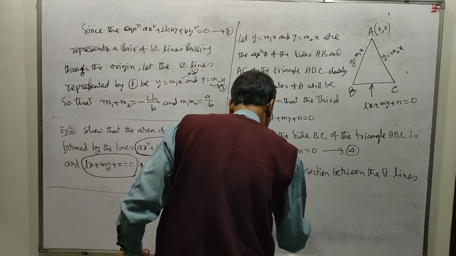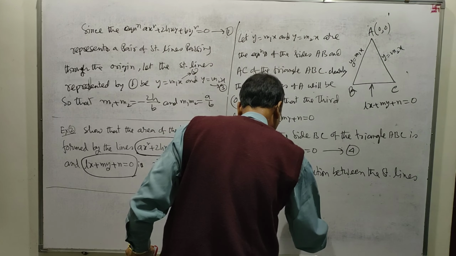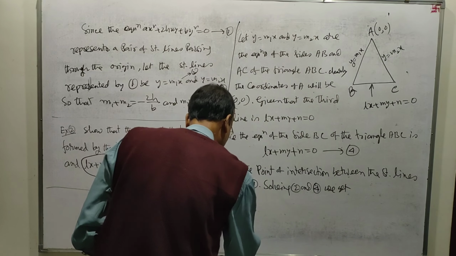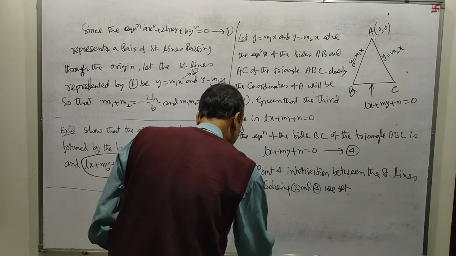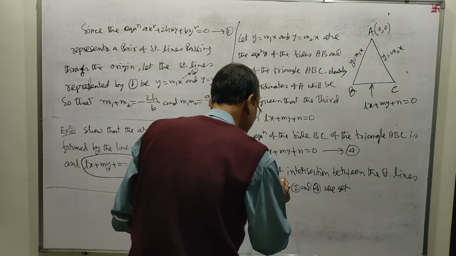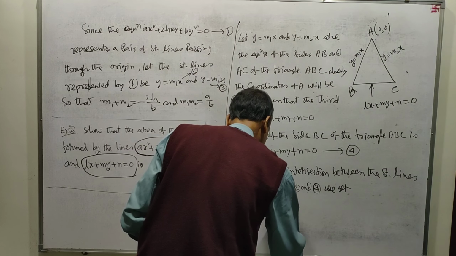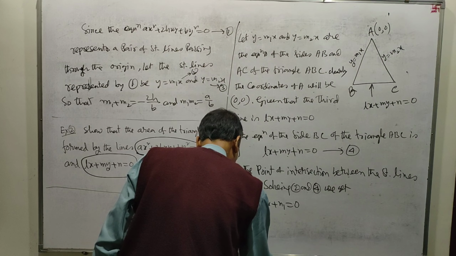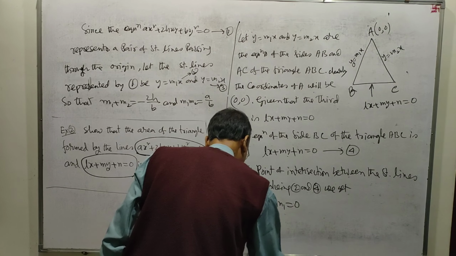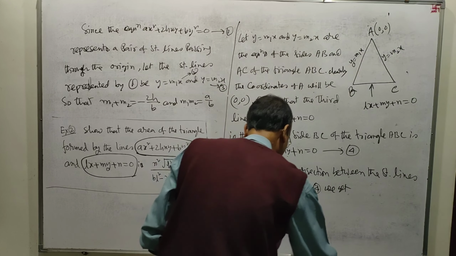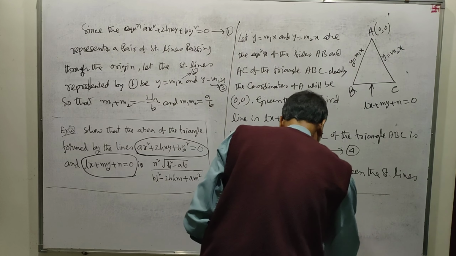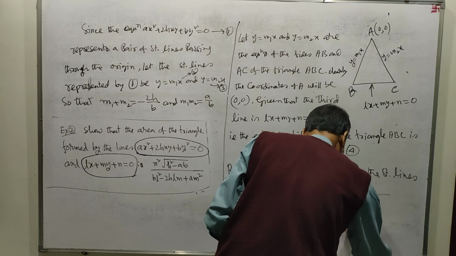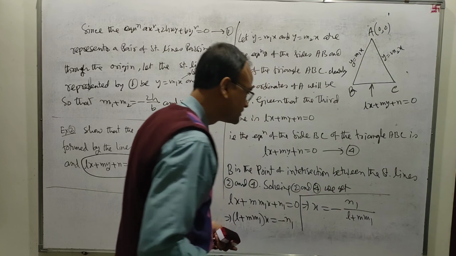Solving 2 and 4, we get Lx plus m, for y you write m1x, plus n equal to 0. This means L plus m1 into x equal to minus n. This means x equal to minus n divided by L plus m m1.